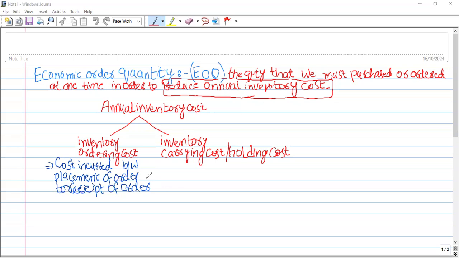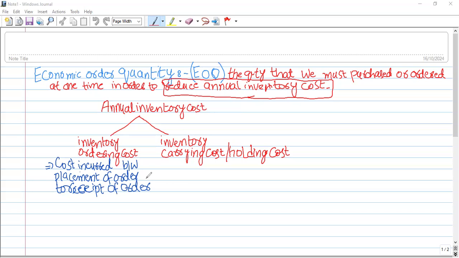So what types of cost are included in ordering cost? It includes the delivery cost. It includes the clerical and administration cost. Clerical and administration cost is, for example, when we call the supplier and take price quotations, and we post letters to the supplier, TCS charges. These are the clerical and administration costs, along with any administrative cost.